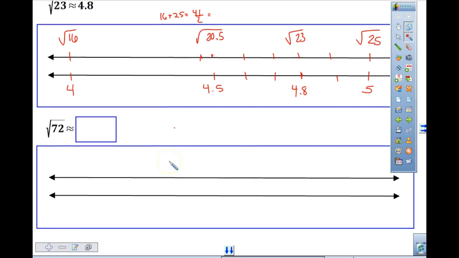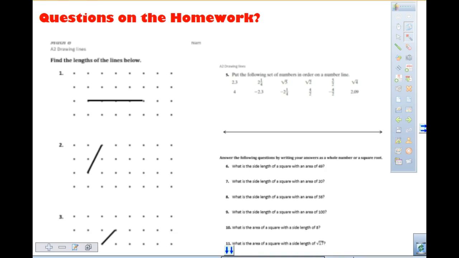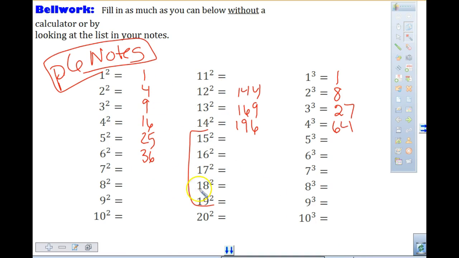So 72 is between what two perfect squares as we start taking a look? Madeline, what do you think? What two perfect squares? 72 is in between. We're thinking just numbers, yes, but I want you to think back to that list of numbers at the beginning, the perfect squares. Okay, so when you think of this list, look back in your notes the page before.